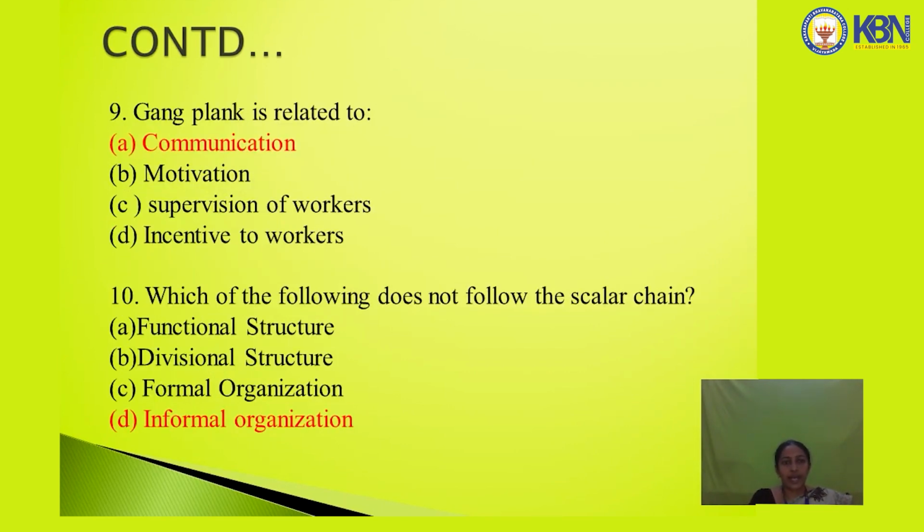Unity of command. Gangplank is related to communication, motivation, supervision of work, or incentive to work. Communication. I have told you gangplank means scalar chain. In the scalar chain, every employee is known to his superior. If under that superior five employees are working, he may know only two employees.